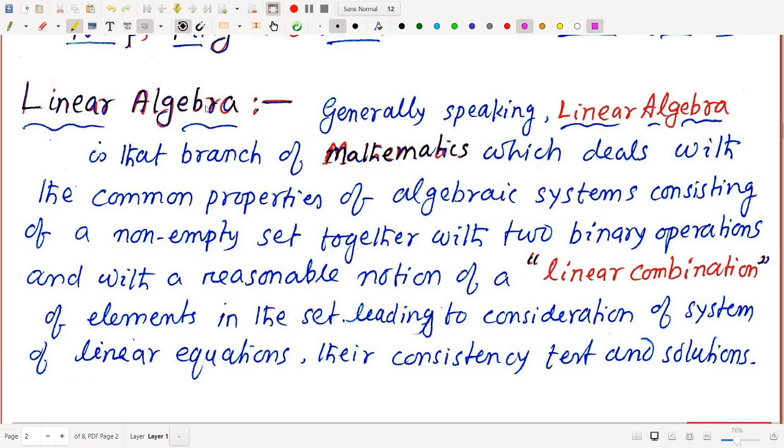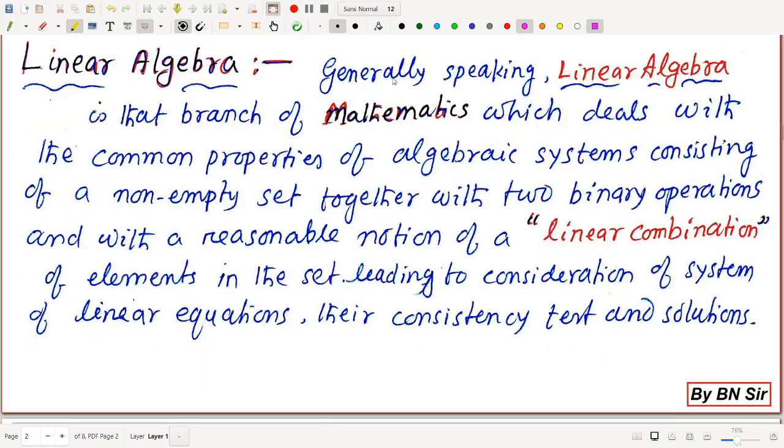What is linear algebra in short? Generally speaking, linear algebra is that branch of mathematics which deals with the common properties of algebraic systems, algebraic structures, consisting of a non-empty set together with two binary operations. On the same set, there will be more than one binary operation.